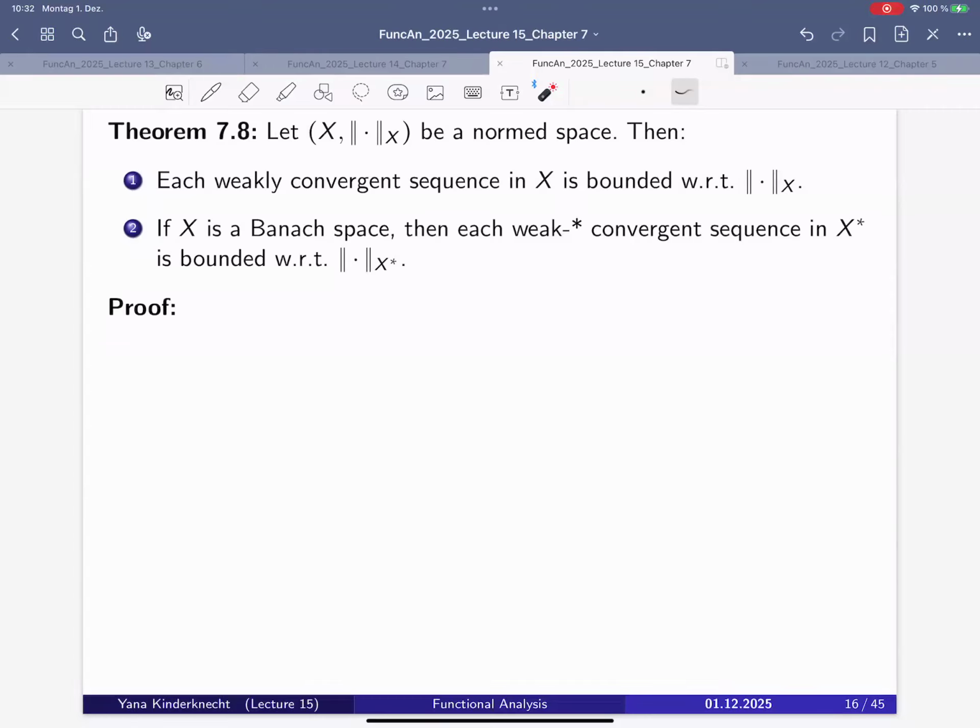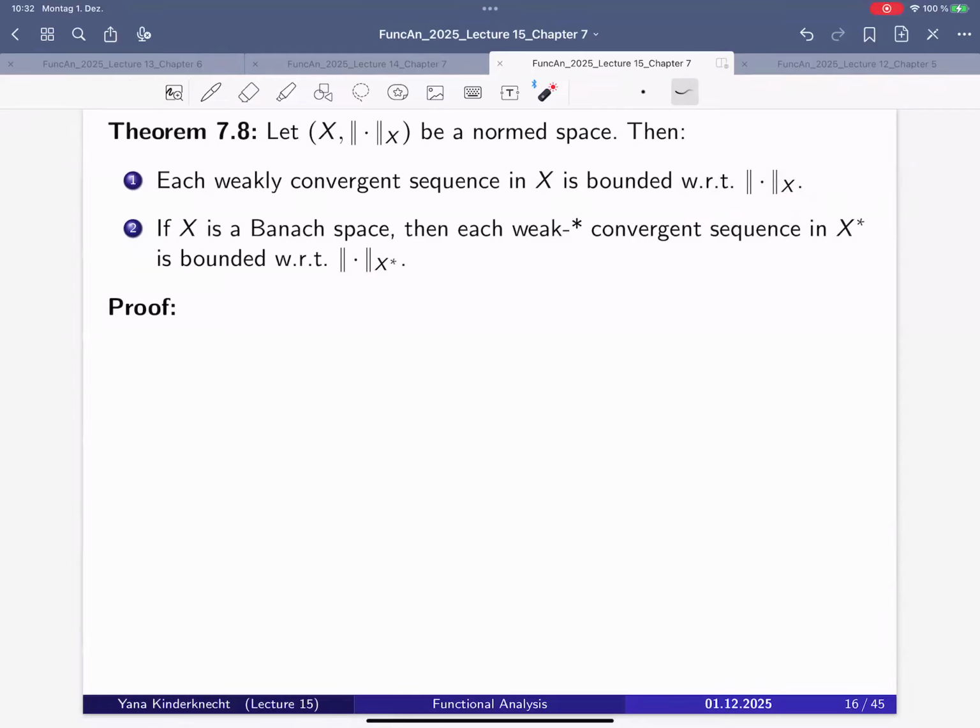So the question is, if we have a sequence which converges weakly or weak star, can we somehow upgrade this convergence and claim something in terms of the strong topology, that is in terms of the norm? So this is the aim, and this is what is usually needed in calculus of variations.